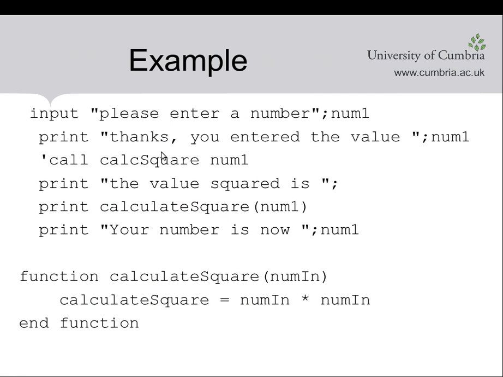So this is calculate square now written as a function, as we saw earlier. Instead of doing a call to calculate square, we simply print out the result of calculate square. Calculate square with a parameter returns a value which is output.